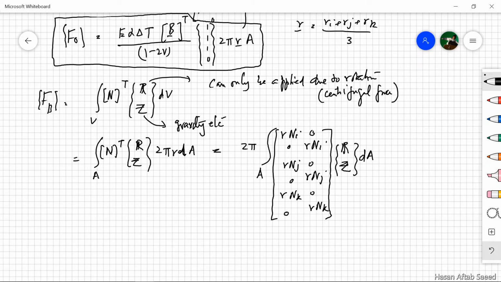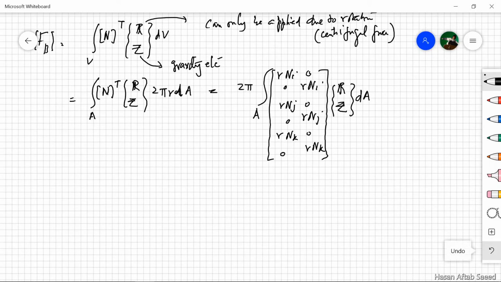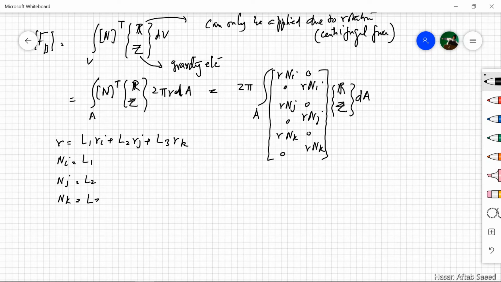This is area integral. Now recall two things. R can be written using the natural coordinates L1 Ri plus L2 Rj plus L3 Rk. Also recall that Ni is equal to L1, Nj is equal to L2, Nk is equal to L3.